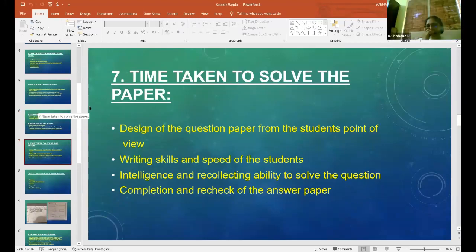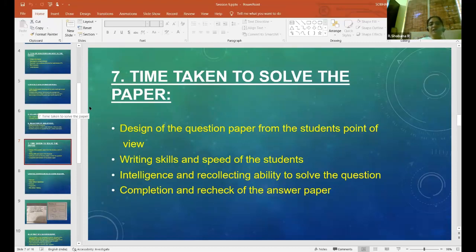So the most important thing which the children face on the exam day is the time taken to solve the paper. Like we referred to earlier, and all of you agreed on this, design the question paper from the student's point of view: how much time the student will take to think and answer this question.